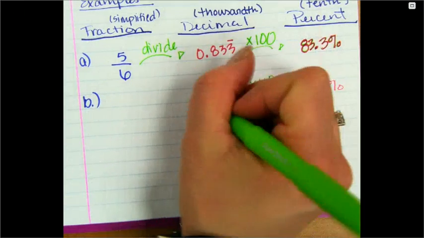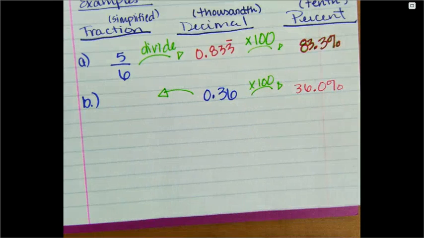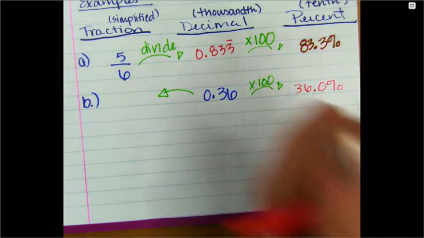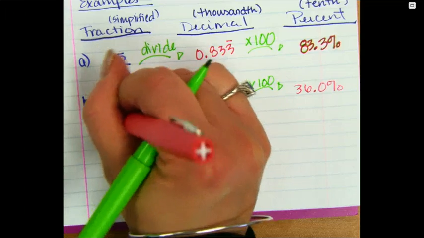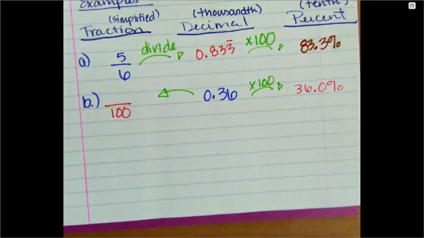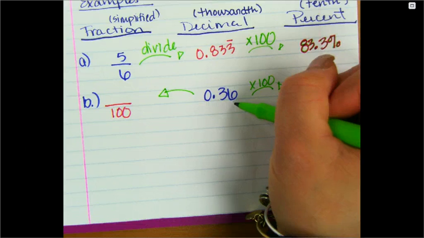How do you go from the decimal to the fraction? It's over 100. This spot right here is what?